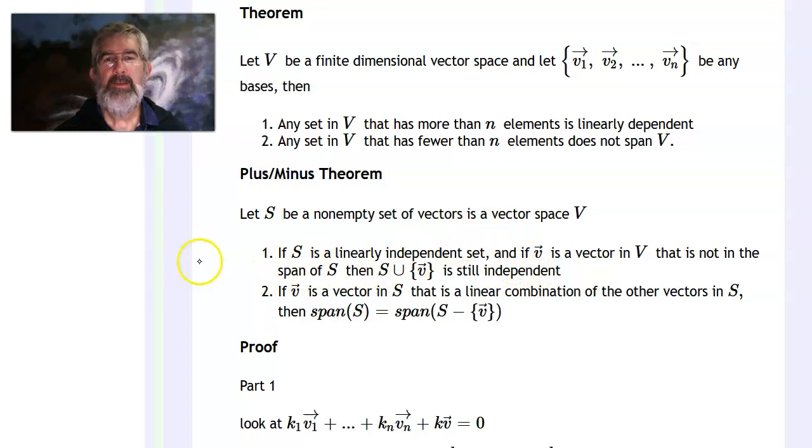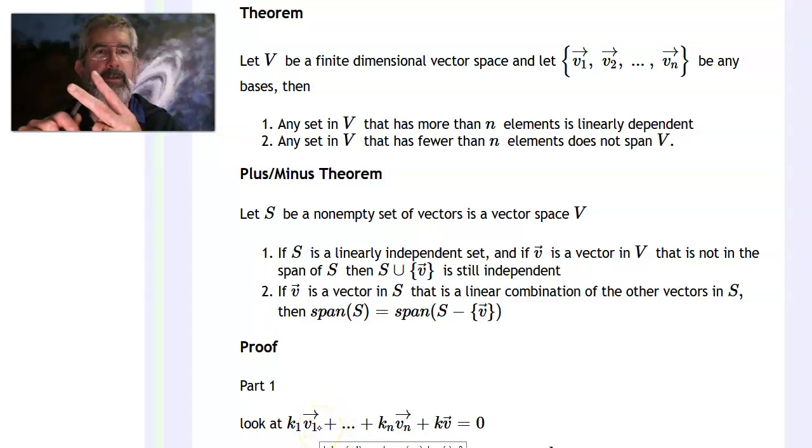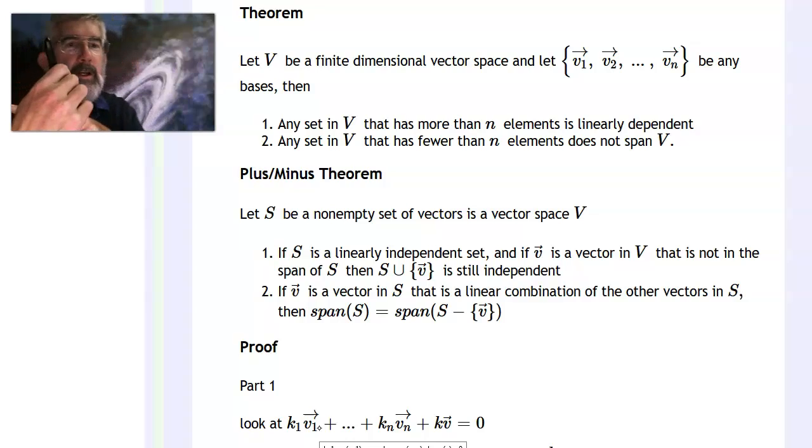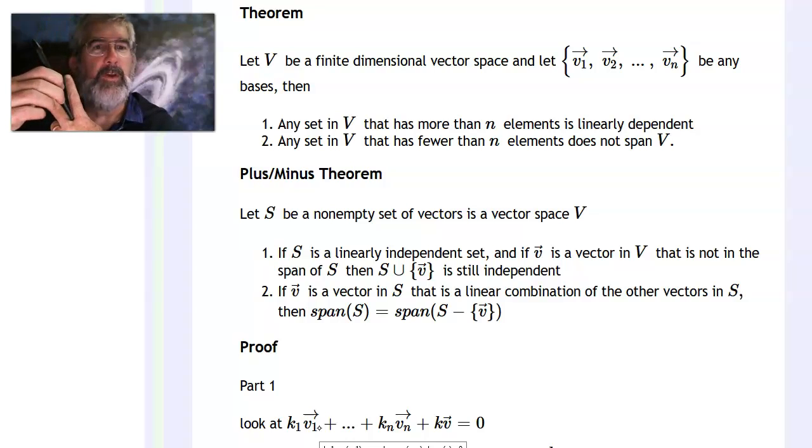It's like if you've got, let's say S is these two vectors, right? They're linearly independent. Now, if I am in, let's say, R3, and I've got another vector here that's sticking off in some other direction, not in the plane of those other two, then the three of these together will still be independent.